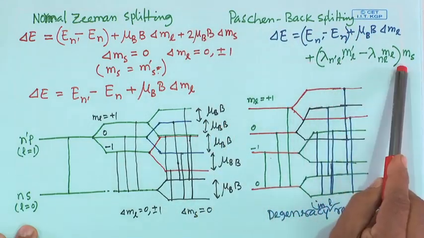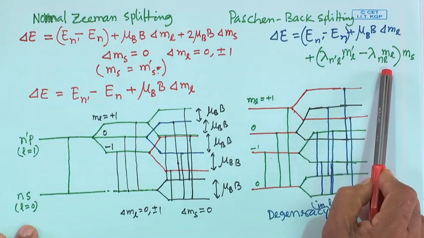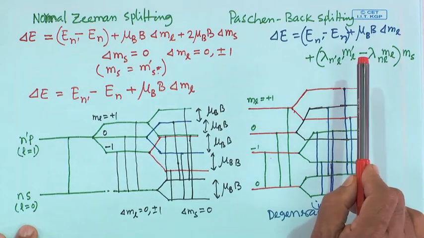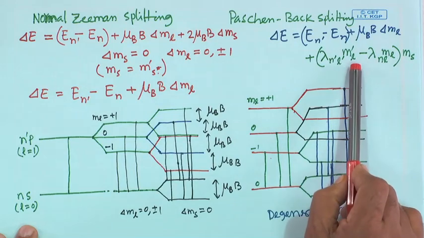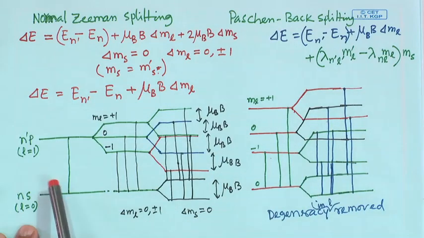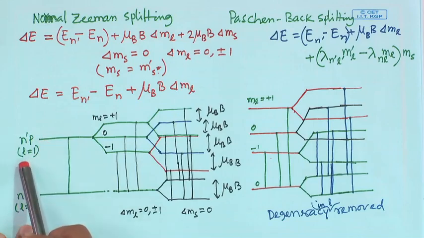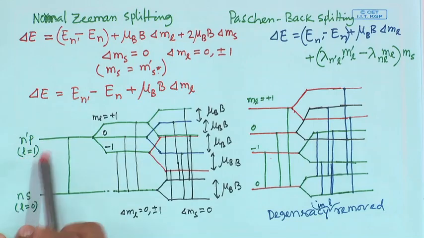Plus an additional term we have got for an intermediate magnetic field, because this LS coupling was not neglected in this case. Now, if you see the splitting, let us take two energy levels, Ns meaning L equal to 0 and N dash P, where L equal to 1.